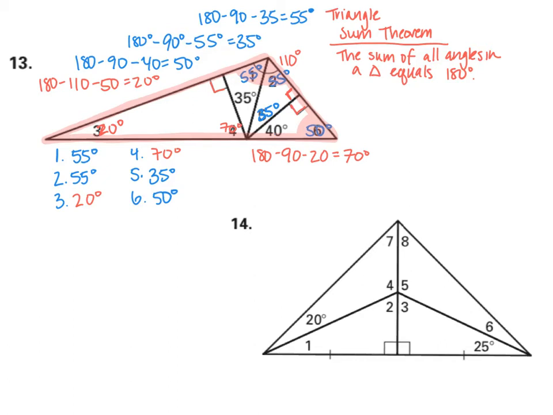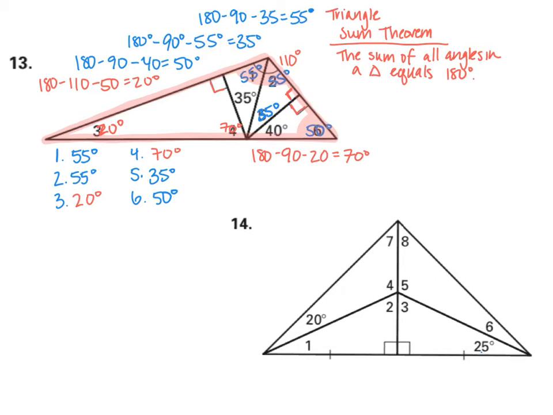All right, finally, let's take a look at number 14. So number 14, we have the angle 25 here. This appears to be a perpendicular bisector. Notice that this segment here is perpendicular to this segment here.